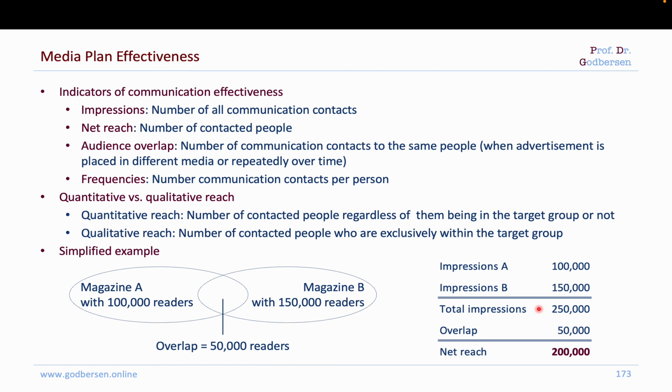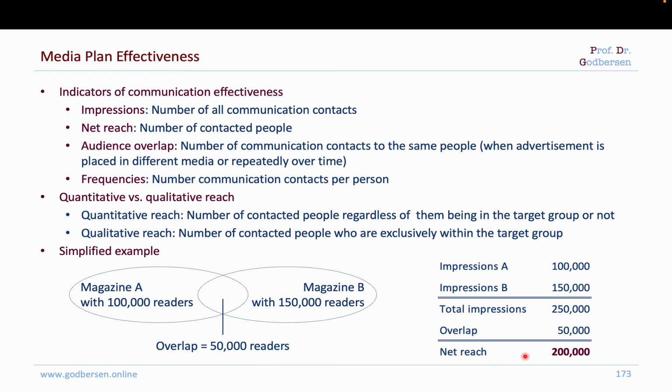That's our total impressions. Assuming we have an overlap of 50,000, meaning 50,000 readers have read Magazine A and B, then it's 250,000 minus 50,000. Our net reach is 200,000.